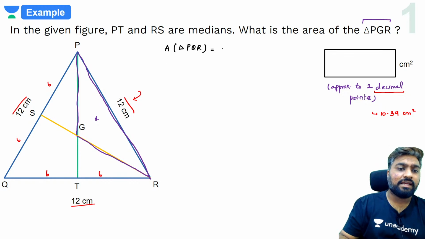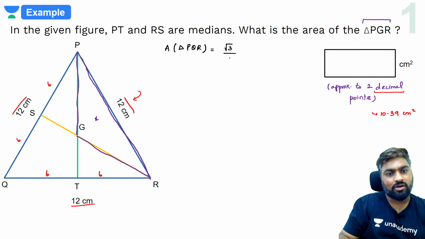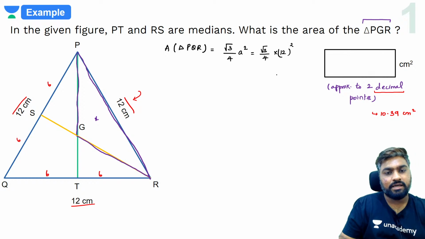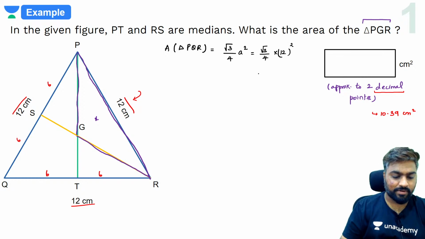What is the area of an equilateral triangle? You can go half times base times height and find out the height, or root 3 by 4 a square, correct? Which is going to be root 3 by 4 into 12 square. Let's keep it the way it is here. Let's not mess with this. Root 3 by 4 a square.